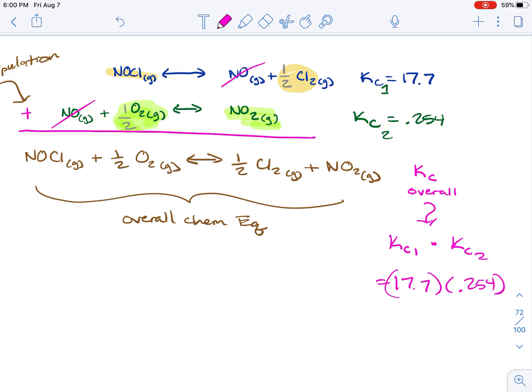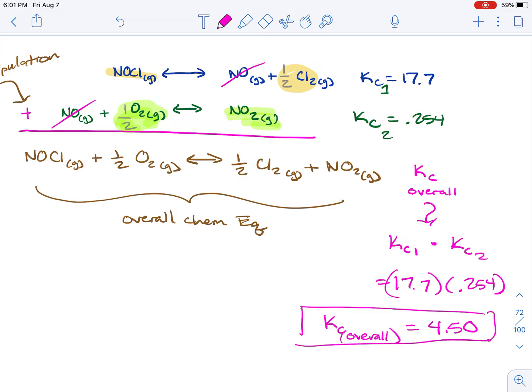What value do we get? Multiplying that by 17.7, I get 4.50. So the overall Kc is going to be 4.50. Okay. And so that's pretty much it. There's two things here.